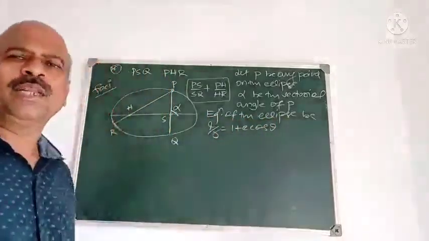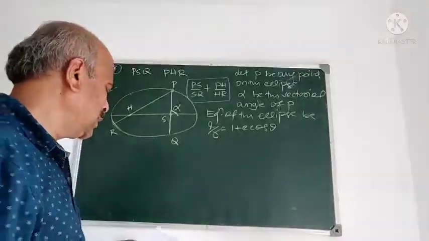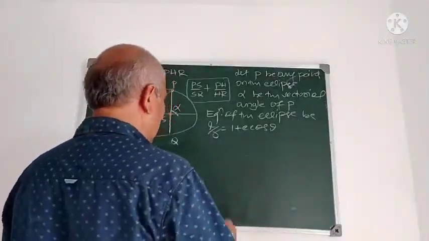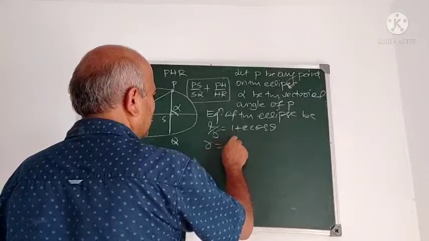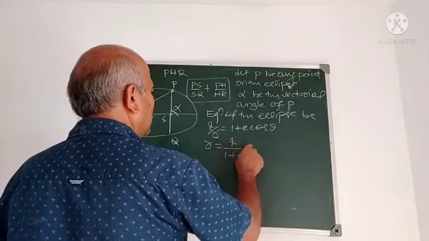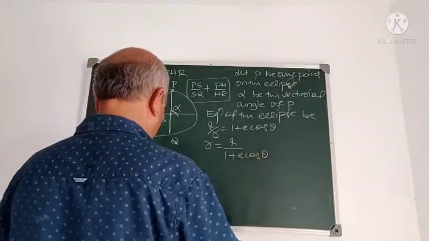What is L here? Semi-latus rectum. E is the eccentricity. Therefore, R is L by 1 plus E cos theta.